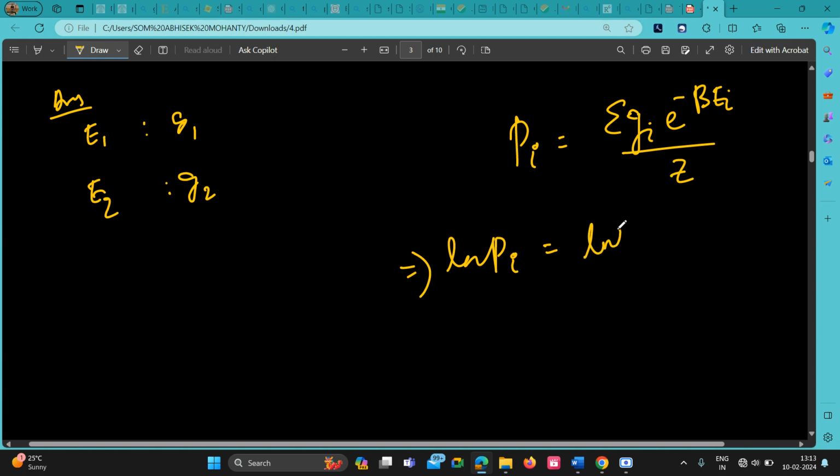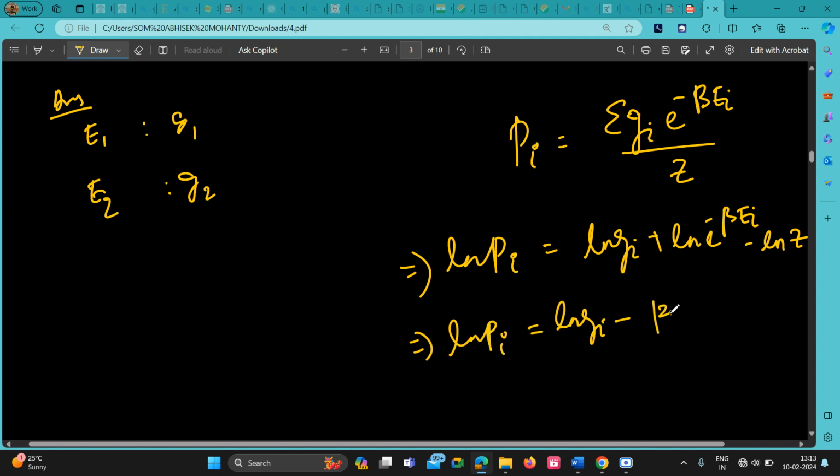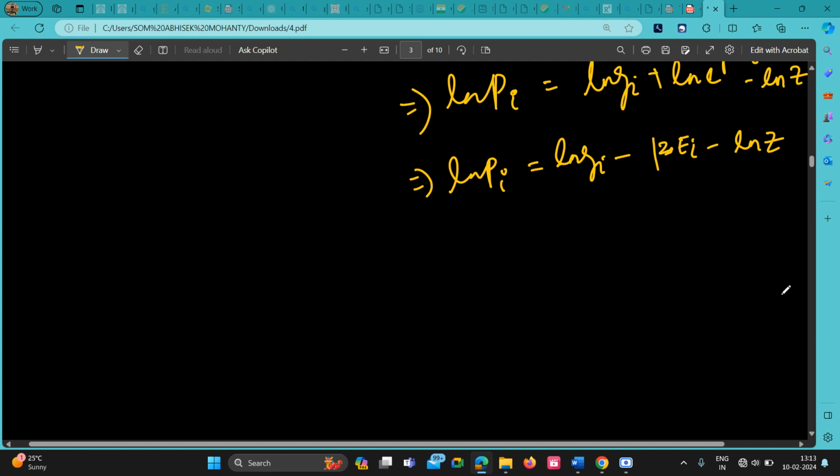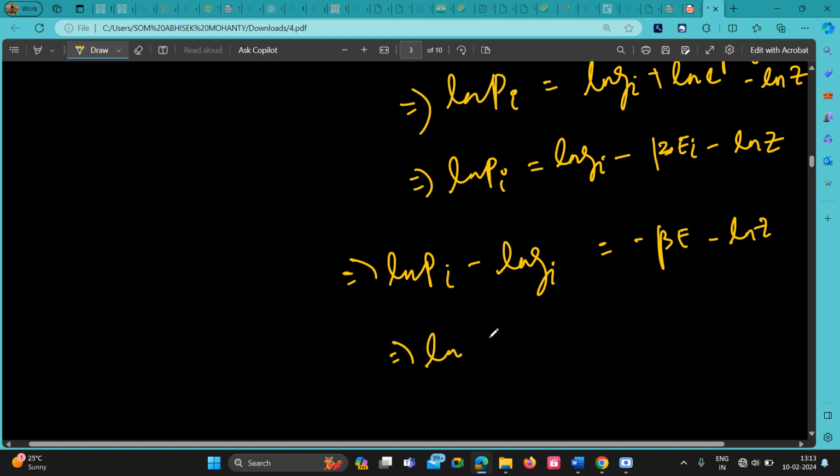From here, ln Gi plus ln e to the minus beta Ei minus ln Z. So ln Pi is equal to ln Gi minus beta Ei minus ln Z. Okay, so ln Pi minus ln Gi is equal to minus beta Ei minus ln Z.